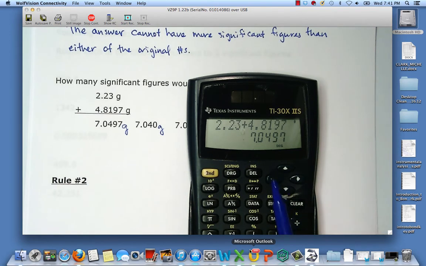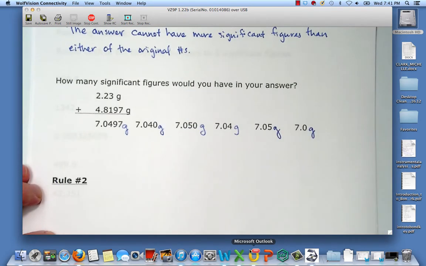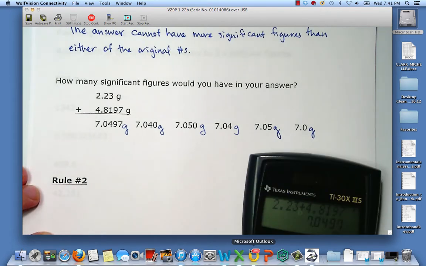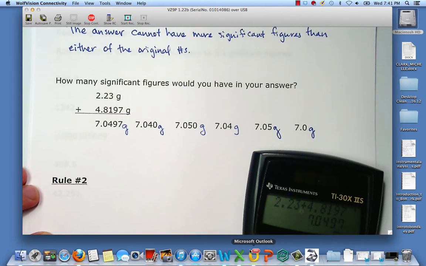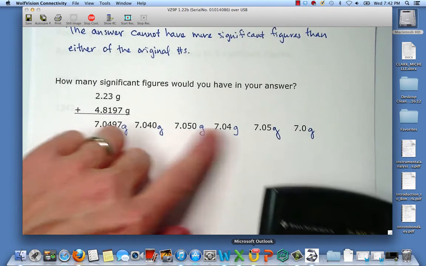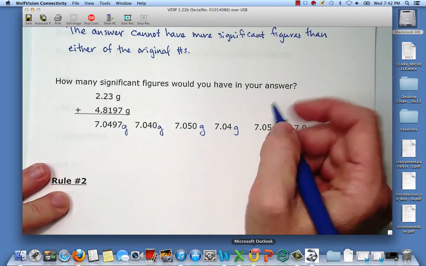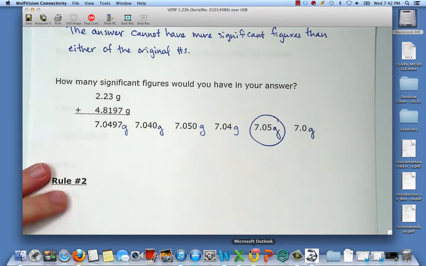So your calculator gives you this answer, but you have to take into consideration significant figures. So this is addition. What do you think the correct answer is? 7.05. So 7.050 or 7.05? Yes, this is the correct answer. Very good.